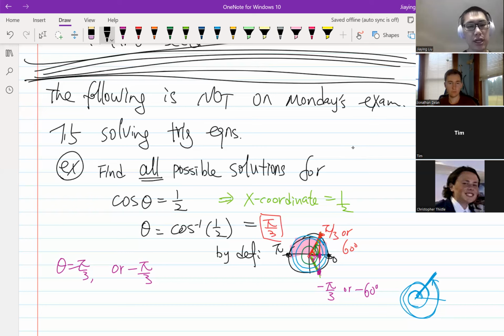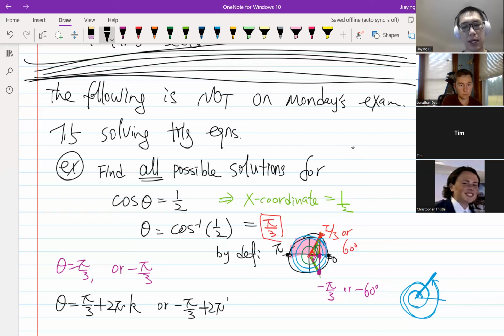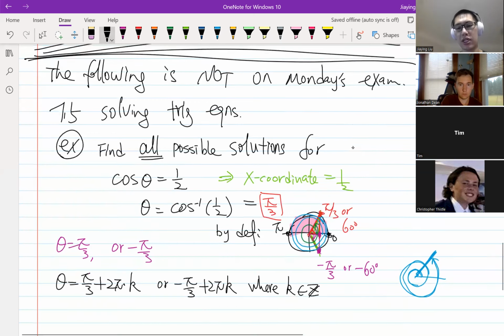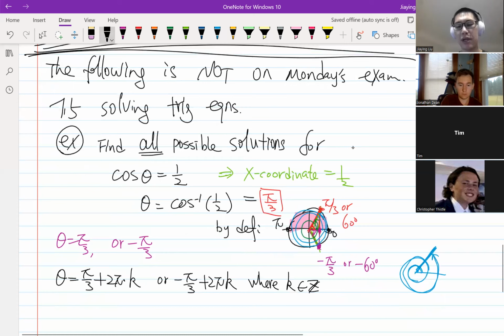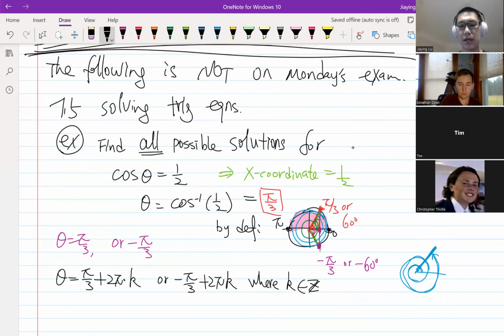So theta equals pi over 3 plus 2 pi times k, or negative pi over 3 plus 2 pi times k, where k is an integer. So k belongs to the set Z of integers.